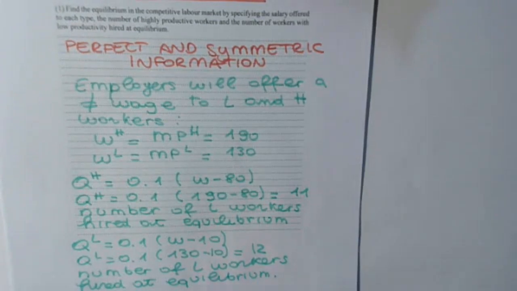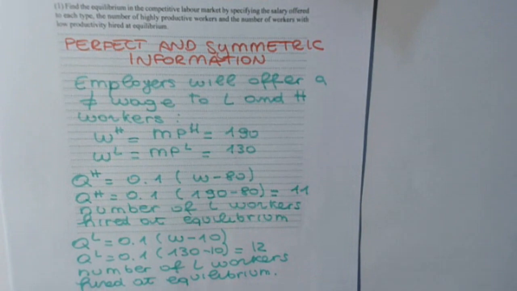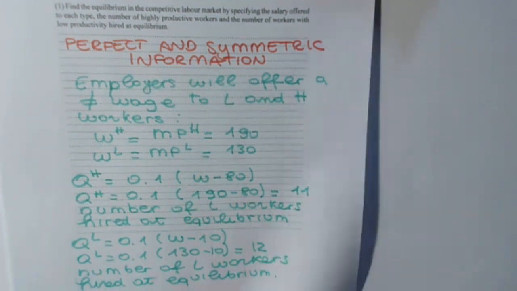Okay, and this is all for point 1, because we have found the equilibrium under this perfect and symmetric information scenario, both in terms of wage and in terms of the number of workers hired. Okay, and now we can move to point 2, where we are asked to graph the equilibrium that we have just found.